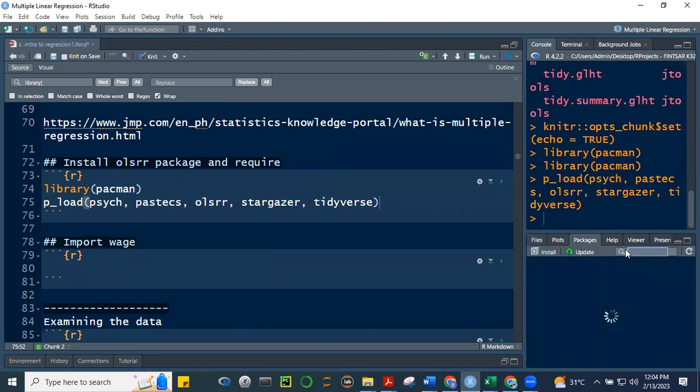So let me just test packages. Let me see, for example, Stargazer. The test already been checked already. It means it already loaded also.